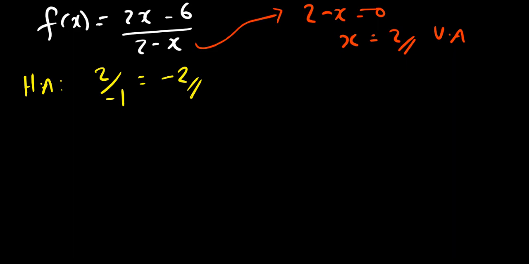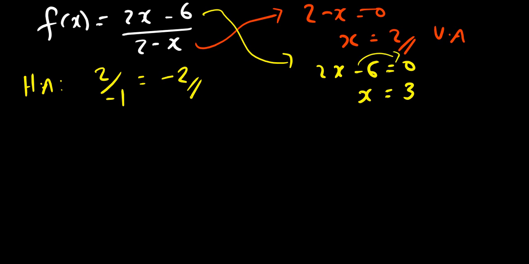Now to draw our table of values, we're also going to equate the one that is on top to 0. So 2x minus 6 is equal to 0. So x will just be equal to 3, because negative 6, take it to that side to be positive 6, divided by 2, that will just give you a positive 3 like that.